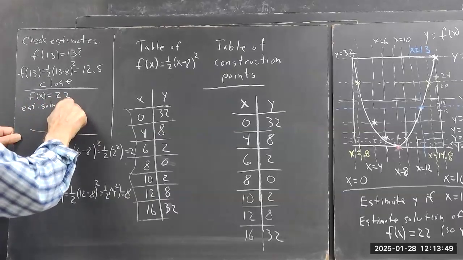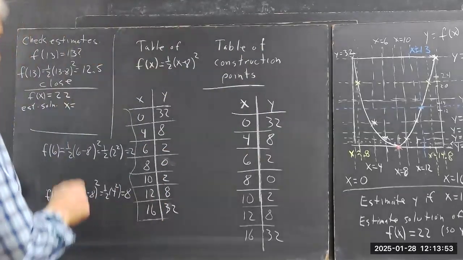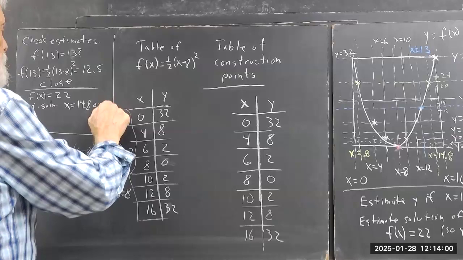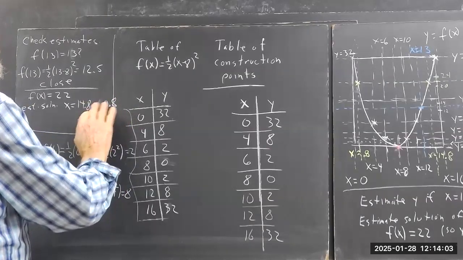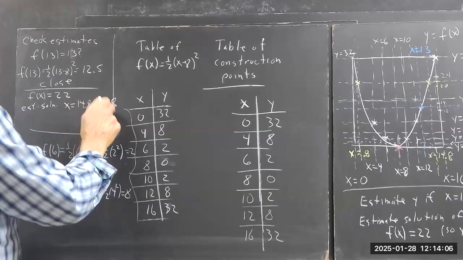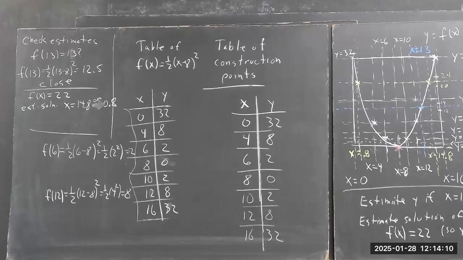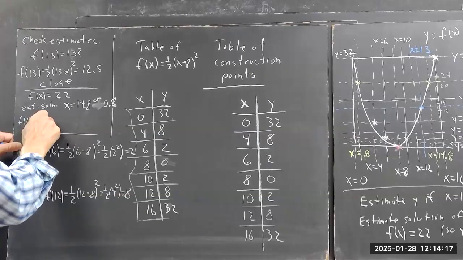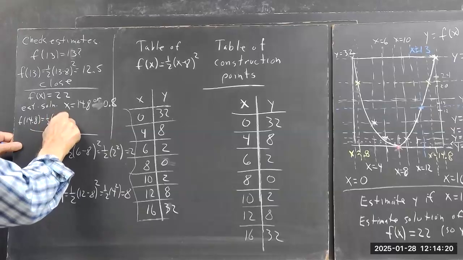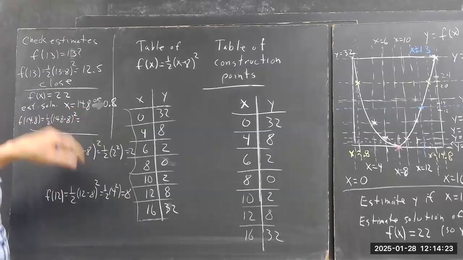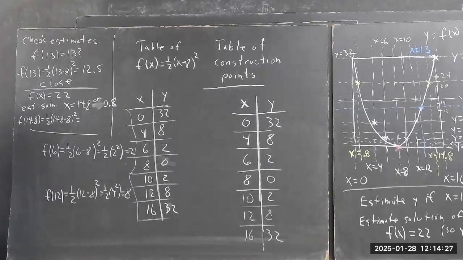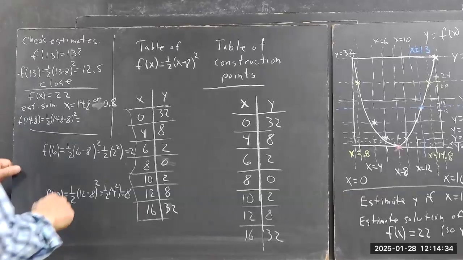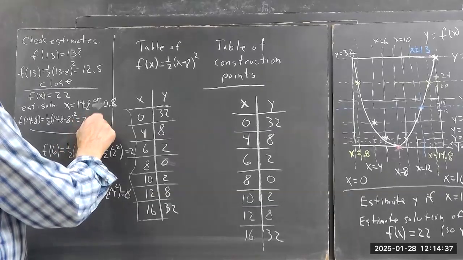Estimated solution was x equals 14.8. Now, if I plug 14.8 in, well, 14.8 minus 8 is 6.8. 6.8 squared is about 46, so half of that is about 22.5.